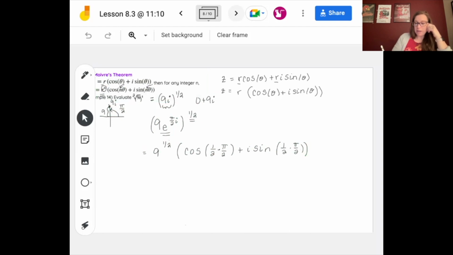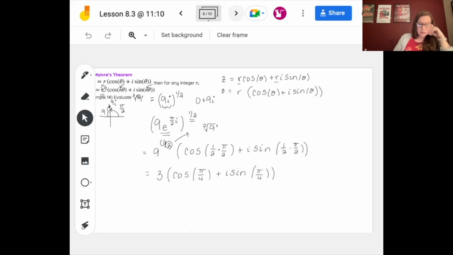I know 9 to the power of 1/2 is 3, because if I put this back in, it'd be the square root of 9, where 1 goes on the inside and the denominator is the index of my radical. Square root of 9 is 3. I'll then have cosine of 1/2 times pi over 2, which gives us pi over 4, plus i times sine of pi over 4.